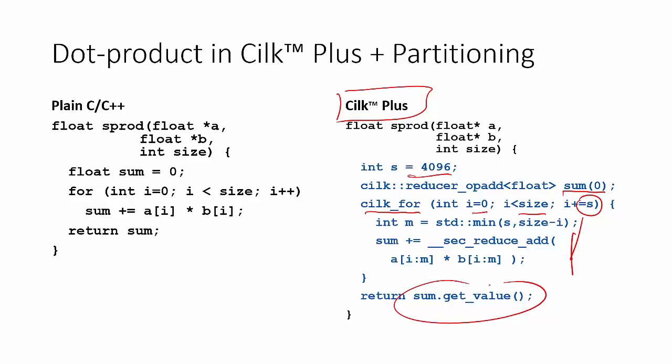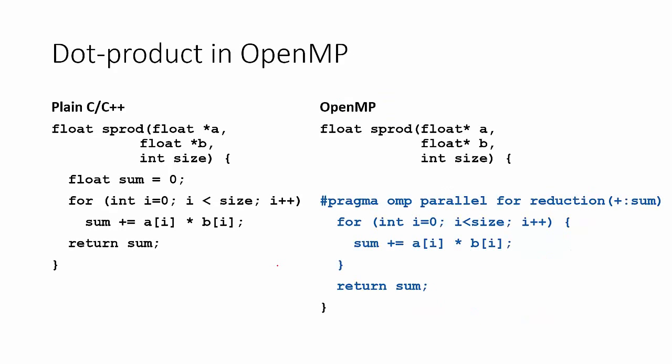I just want to point out that we can do the threading and we can do vectorization with a very simple notation here. Even simpler notation is with OpenMP, but that's only for threading, not vectorization here. There is a notation for vectorization, but the combination of vectorization and threading with OpenMP is not that obvious.